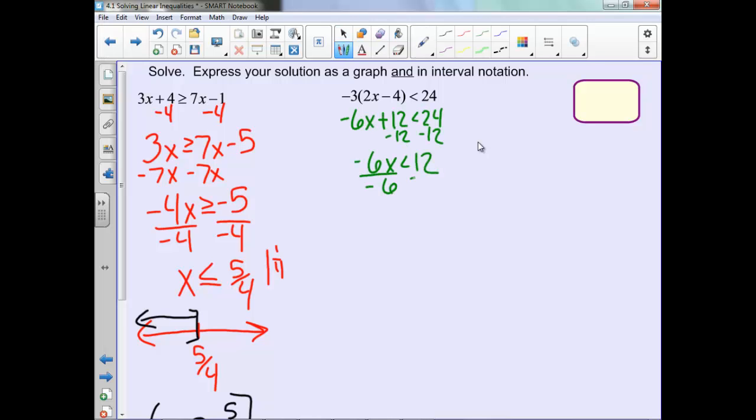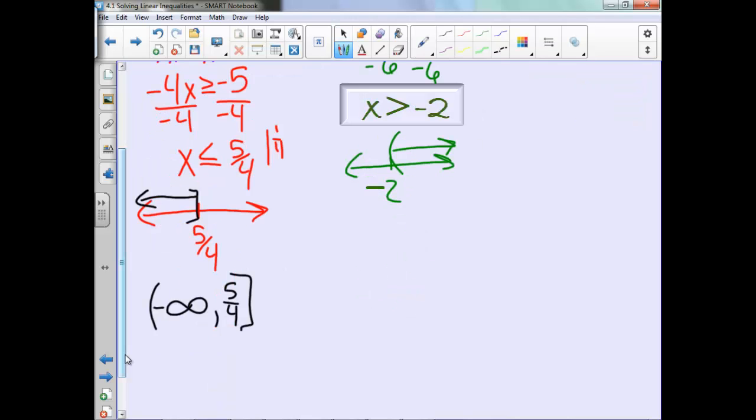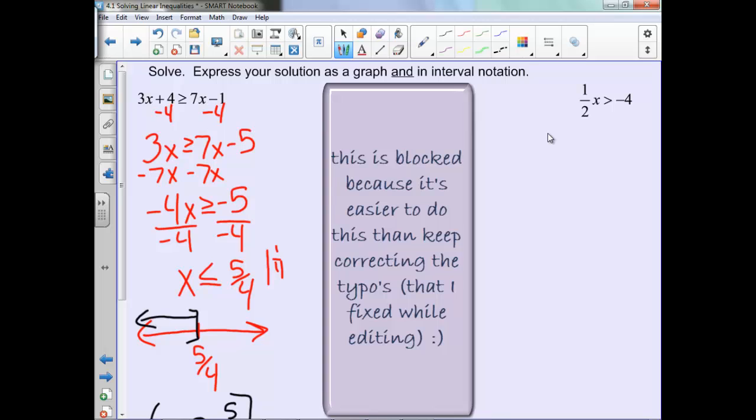Divide by negative 6. So on a number line, we want the numbers greater than negative 2, but notice not equal to, so we'll have our parenthesis. So we want all the numbers from negative 2 on up. So now we have a half.